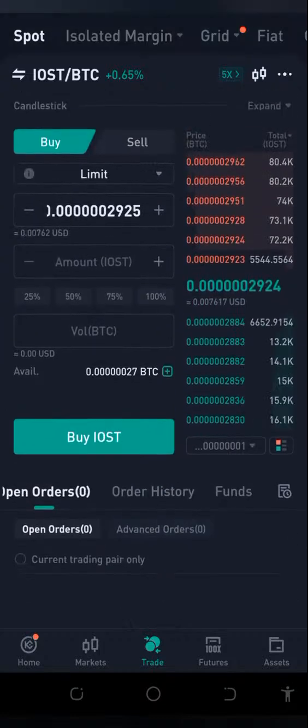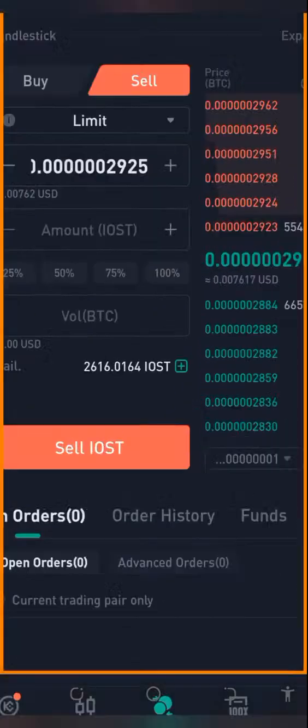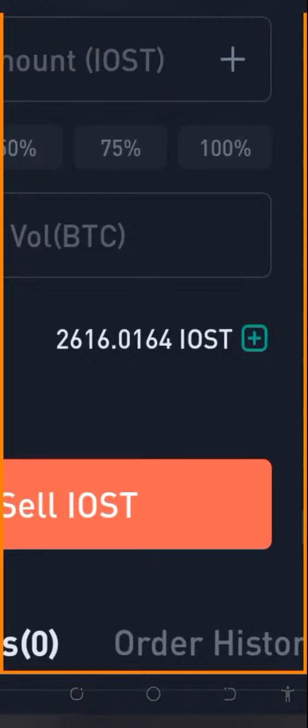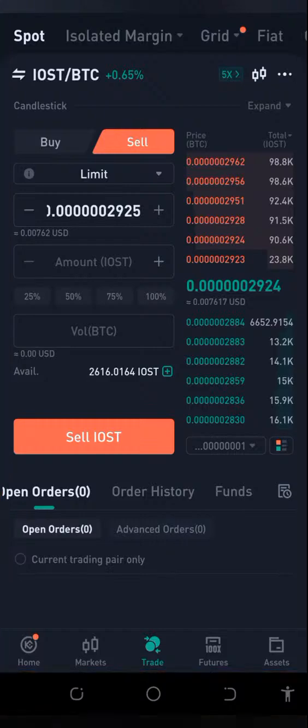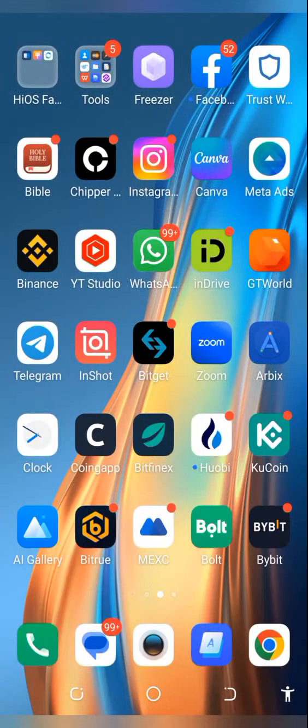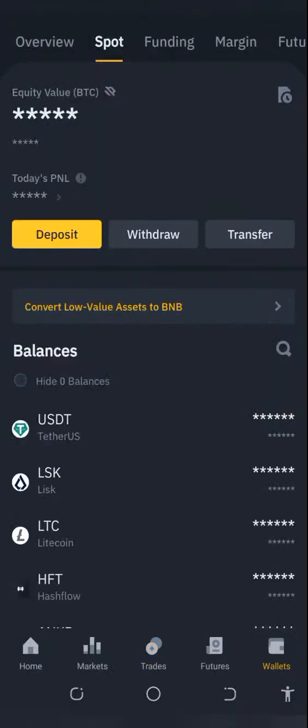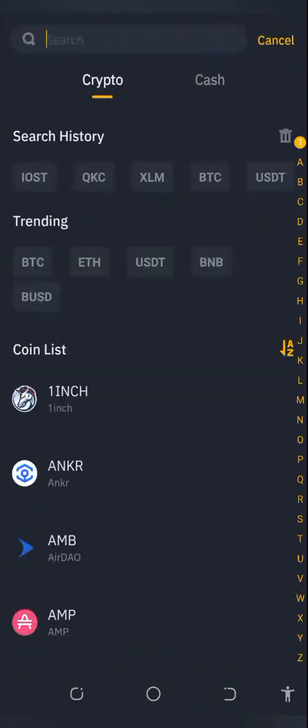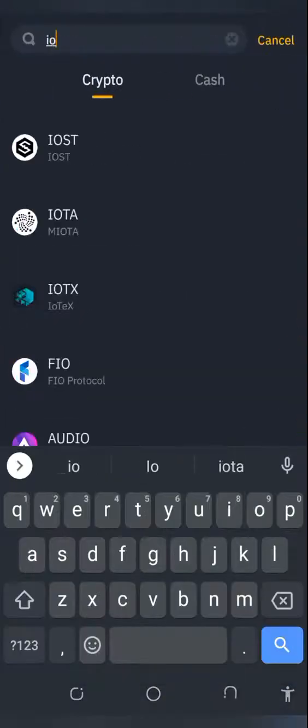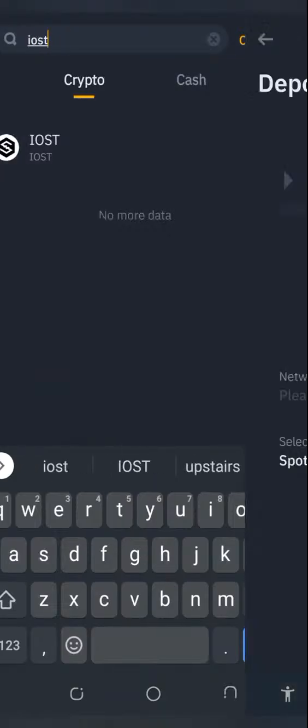So we've bought. How much have we bought now? We have bought 2616. Okay, and the next thing is that we need to quickly send this over. So going to Binance, we need to pick our deposit address. So let's pick the deposit address, and that is supposed to be IOST, okay?